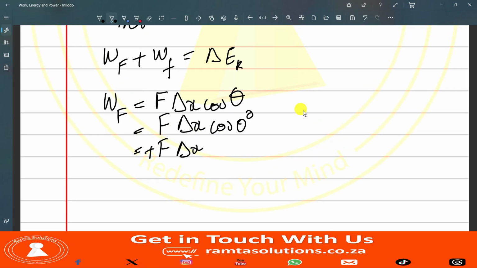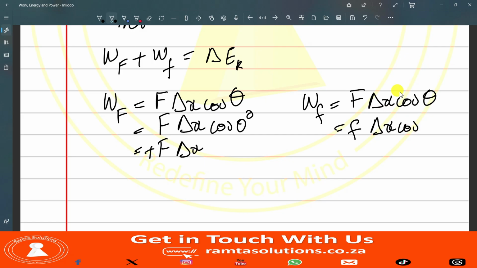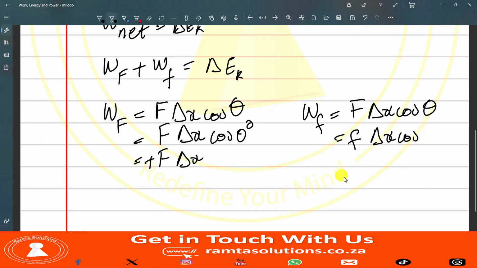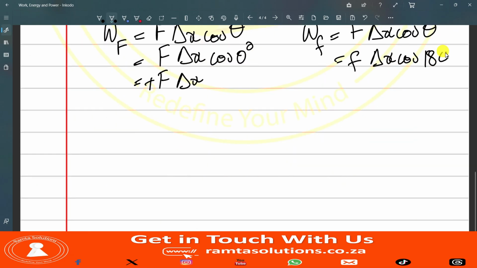Now, you look at that of friction. The force is small f times delta X. What is the angle? As you can see, it is in the opposite direction, so it makes 180 degrees. This therefore becomes minus f delta X. So friction does negative work.